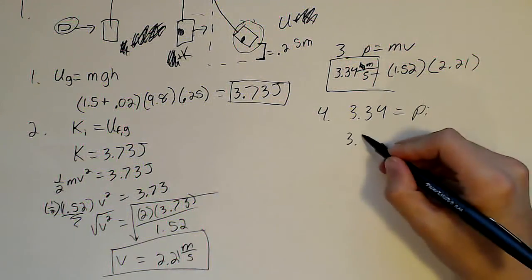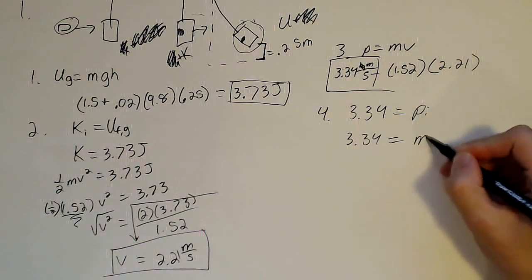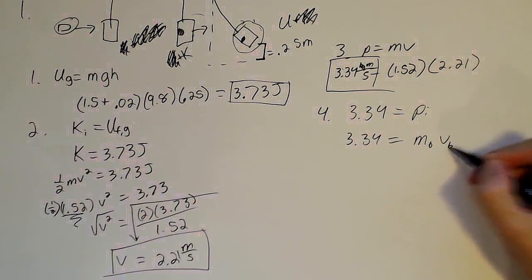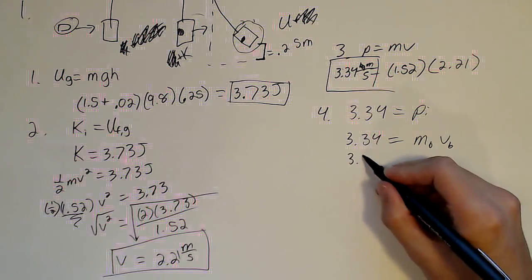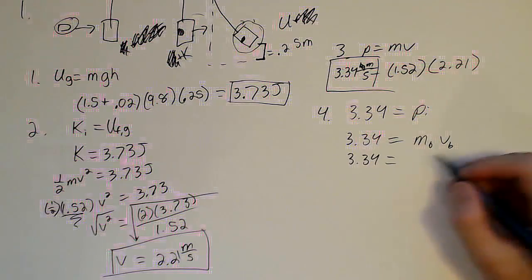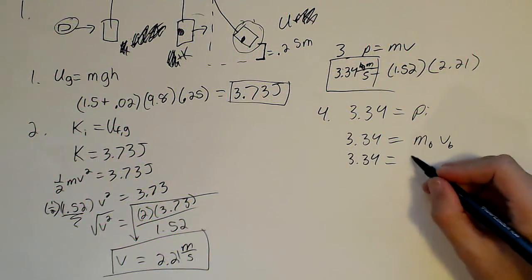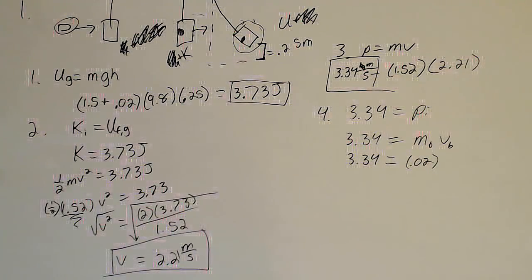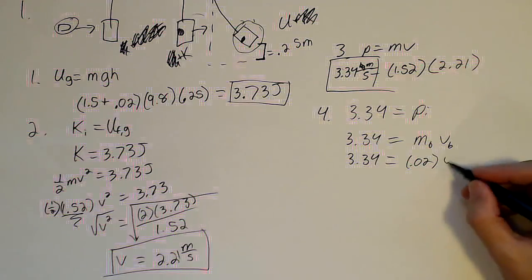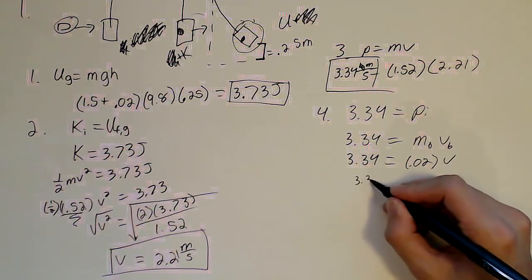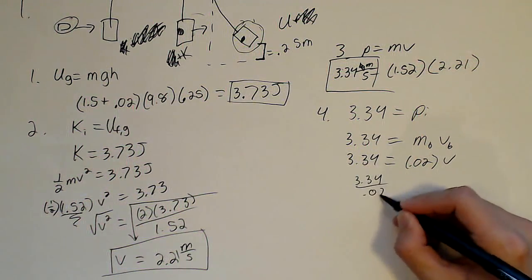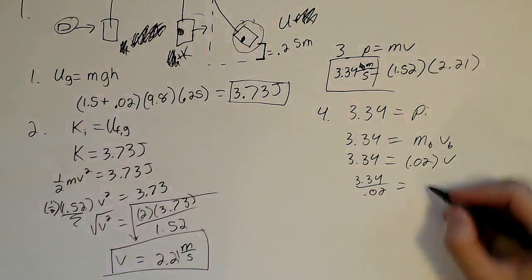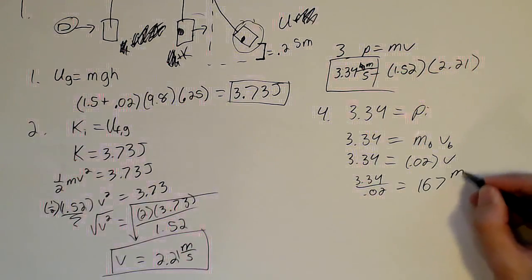So we take 3.34 equals m of the bullet times v of the bullet. So 3.34 equals, and the mass of the bullet is 0.02 kilograms, 20 grams, times the velocity. So divide that out, 3.34 over 0.02, and you should get 167 meters per second.